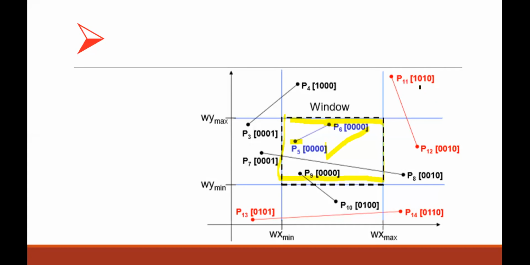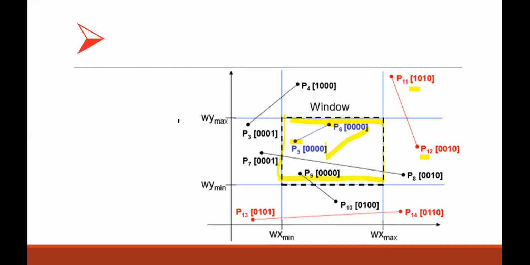And now let's talk about P11 and P12. We can see that it is not 0000, so we will apply our algorithm. In our algorithm, if they are not 0000, we go for a bitwise AND operation.